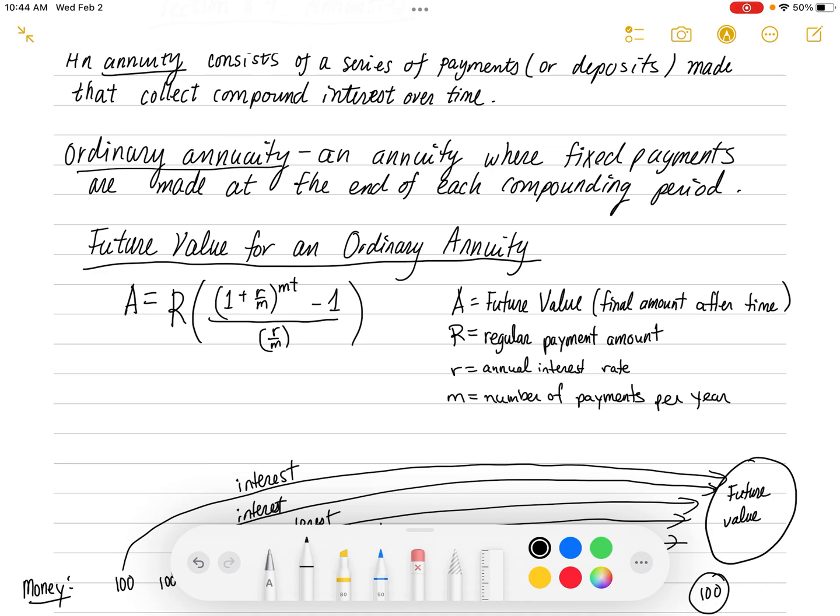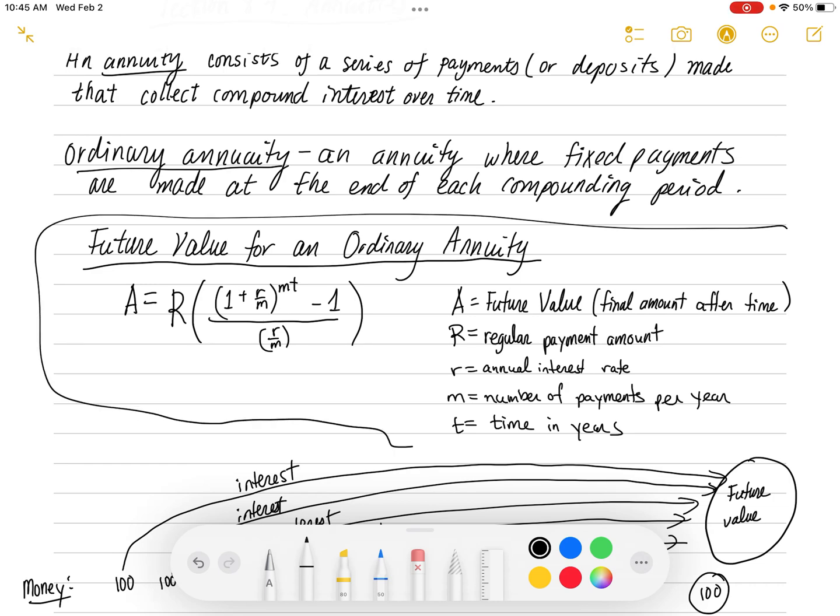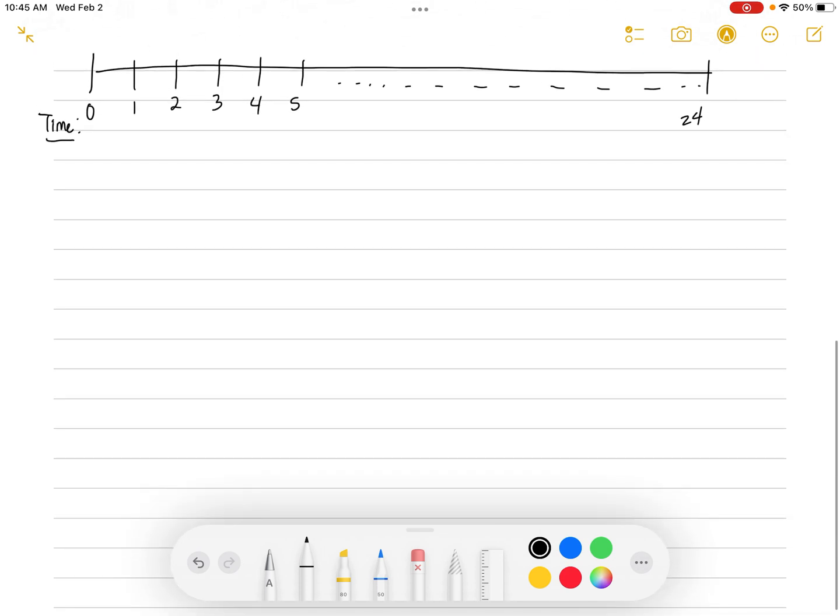And t, little t, that's the time in years that goes by. This is a formula you want to be using here, the future value for an ordinary annuity. So we want to work some examples.